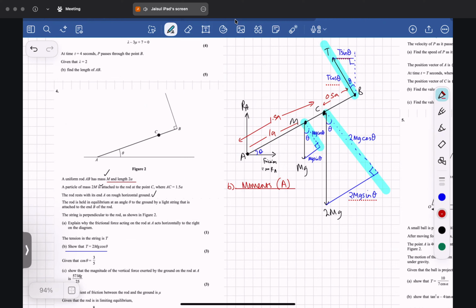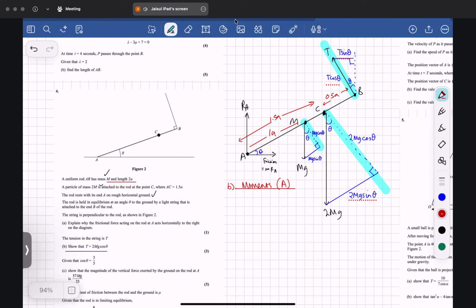I'm just asking if we would use 2mg sine theta in something. Not right now, but in general. No, we won't use it in anything. Probably not. We don't know if they make a hard question next year, but we've not needed to use it in any questions so far.